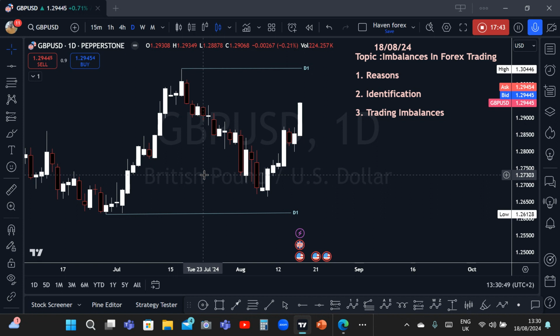RSI is used for overbought and oversold levels. When you bring out your RSI, it will show you when the market is overbought. When the market is overbought, that means you are expecting a bearish reversal. When the market is oversold, then you are expecting it will signal a reversal to the upside.